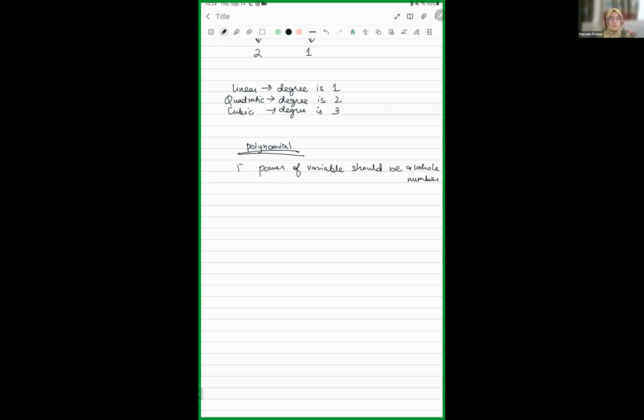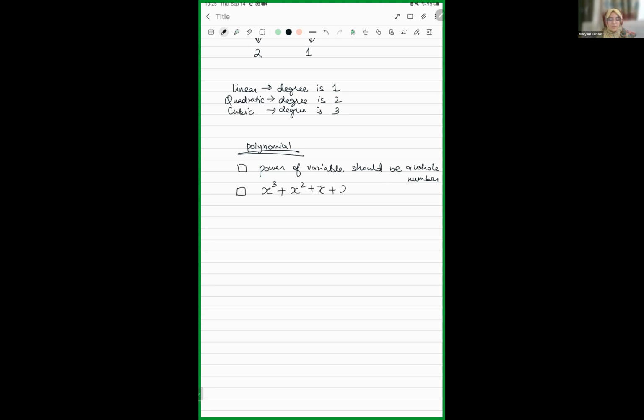The second condition is, usually we have, and I'm saying usually, polynomials in just one variable. So you will usually have polynomials that look like this. x to the power 3 plus x square plus x plus, let's say 2.